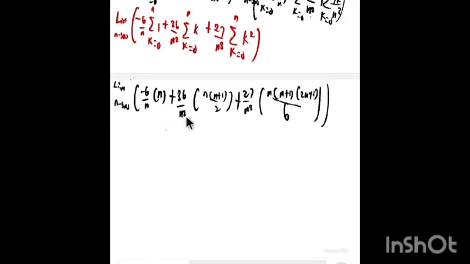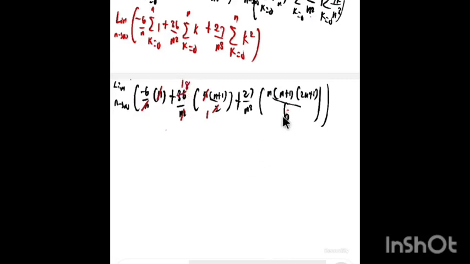Now if you open the bracket right here, we cancel out n. Also n is going to cancel n right here, and 2 into 36 gives us 18.